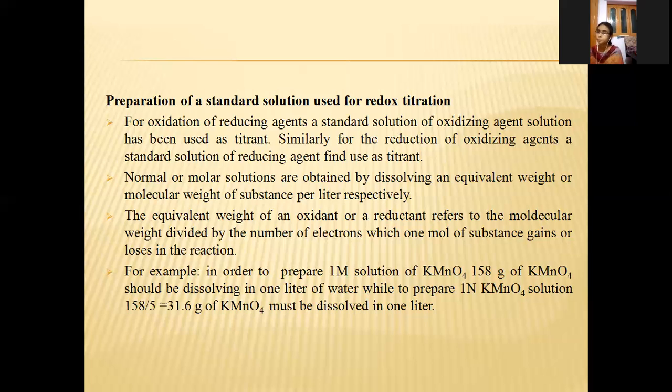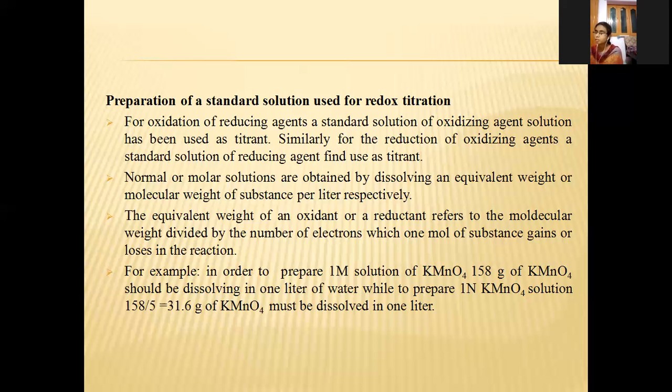For example, to prepare a 1 molar solution of potassium permanganate, we take the molecular weight, which is 158 grams, dissolved in 1 liter of water. If we want to prepare a 1 normal solution, we first have to find the equivalent weight of potassium permanganate.